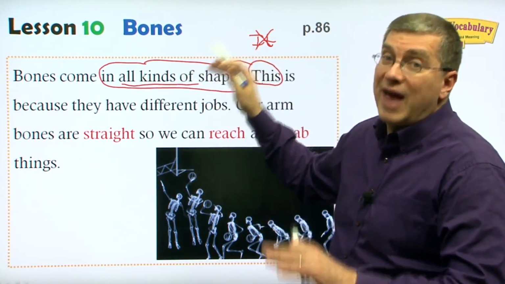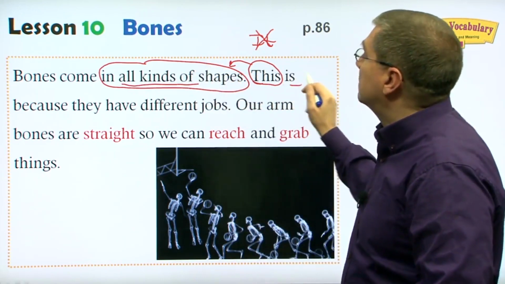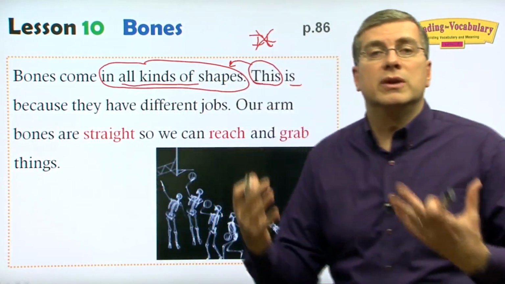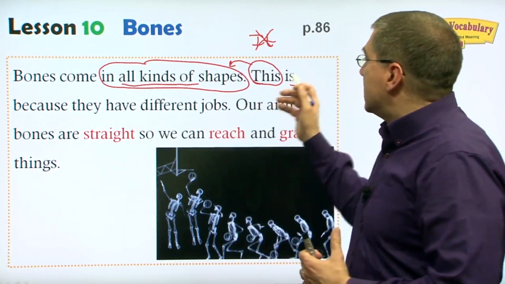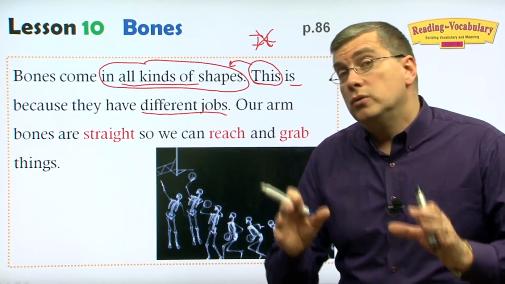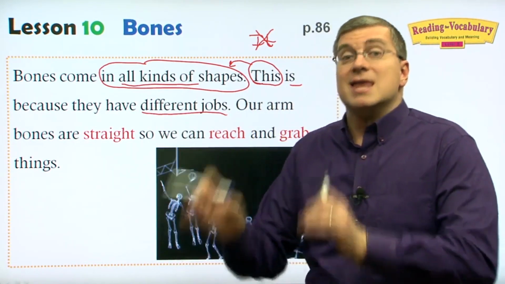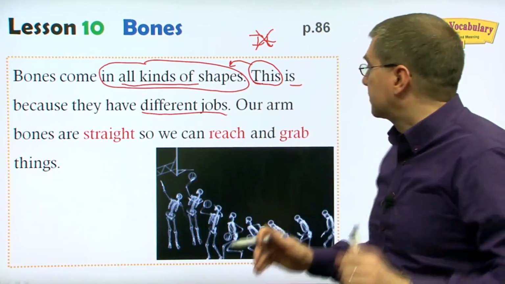So, bones come in all kinds of shapes. This, the fact that they come in all kinds of shapes, is because... So this sentence says, why do they come in all kinds of shapes? This is because they have different jobs.